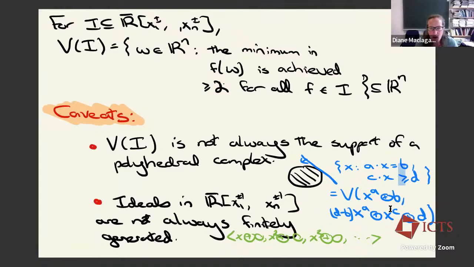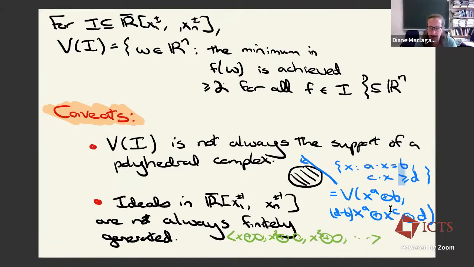On the algebraic side, this is coming from the fact that ideals are not always finitely generated. One of the most elementary things in affine algebraic geometry is the fact that the polynomial ring is Noetherian. And what we're seeing is that the semiring of tropical polynomials is not Noetherian in this sense.